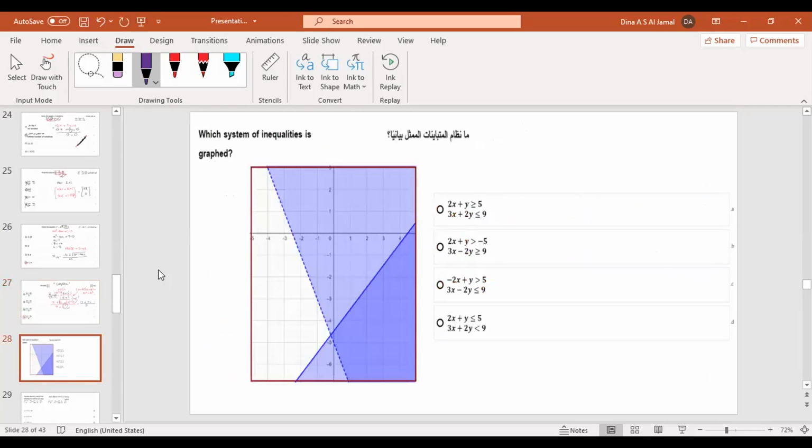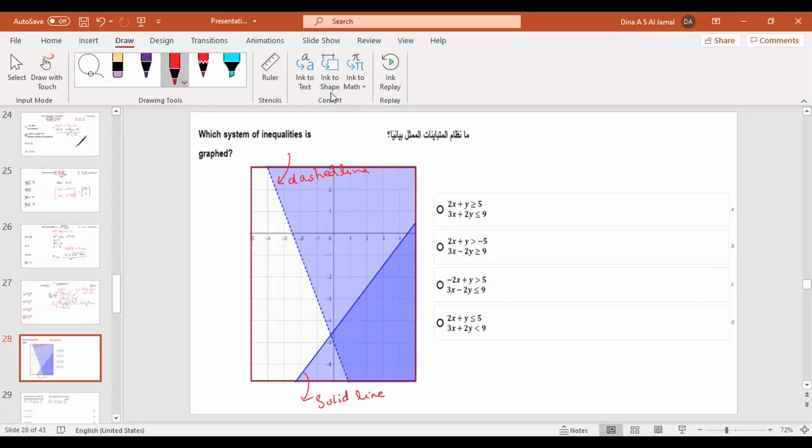Now, let's go to the graph, which they always give you in the exams, and they ask you which system of inequalities is the graph. First, let's understand what's drawn here for you. You have one dashed line, and you have another solid line.